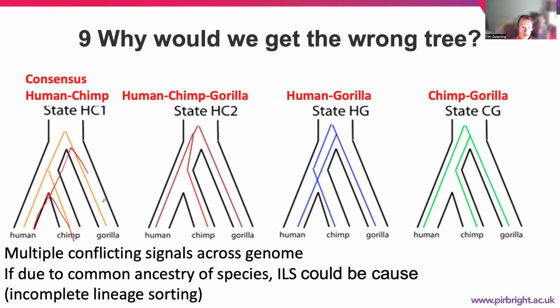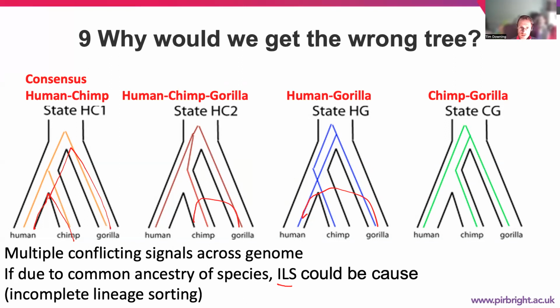But for about 20% of sites, we get other patterns, where, say, chimp and gorilla might be more similar to each other, or human and gorilla might be more similar to each other as well. So that leads to more diverse patterns of diversity due to incomplete lineage sorting.